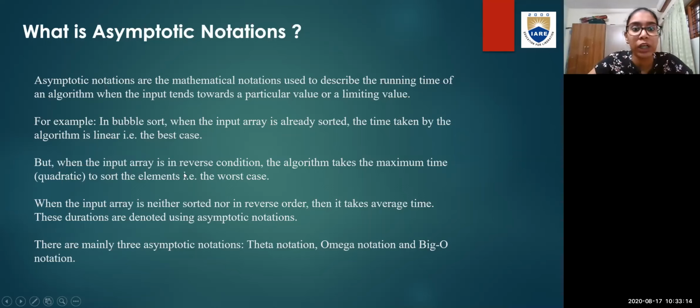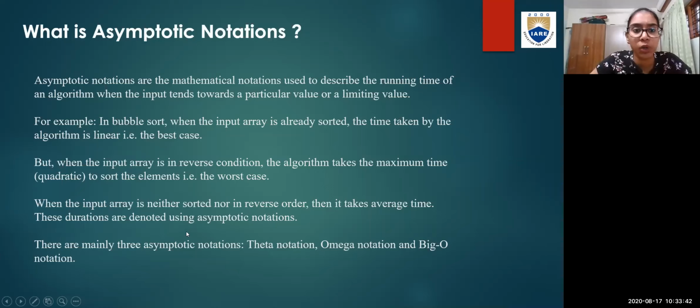But when the input array is in reverse condition, the algorithm takes the maximum time in order to sort the elements. That is the worst case scenario. When you reverse it, it'll sort right from the reverse order. It'll take a lot of time, which will come in the order of some quadratic expression. That is the worst case scenario. Now, when the input array is neither sorted nor in reverse order, then it takes average time.